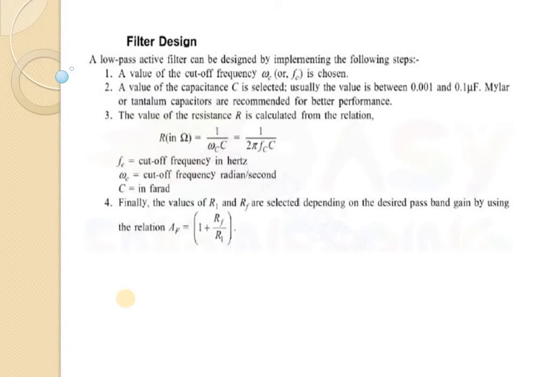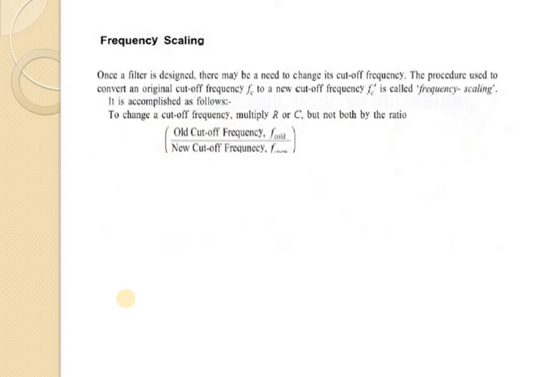Then we have to choose a capacitor and a cutoff frequency value. From there we take the value of the resistor, and finally the values of R1 and Rf are selected depending on the desired passband gain using the relation 1 plus Rf by R1. So those are the 4 steps we have to consider during the design of a low pass filter.